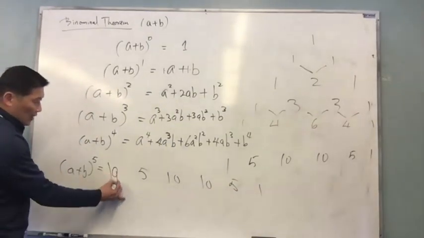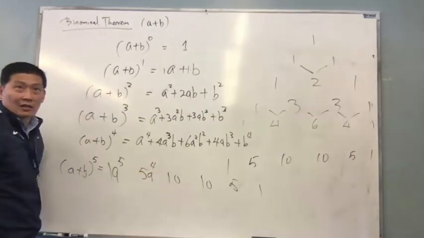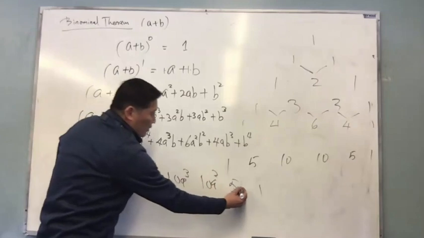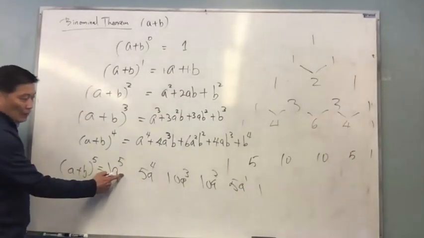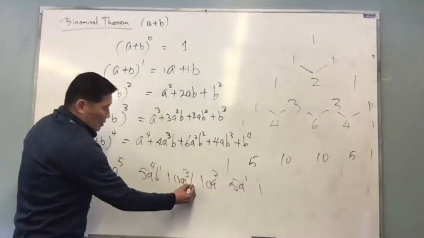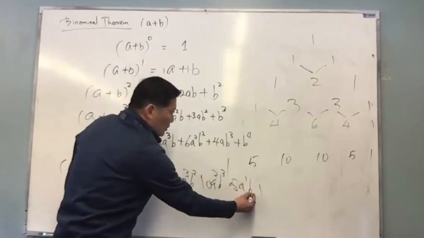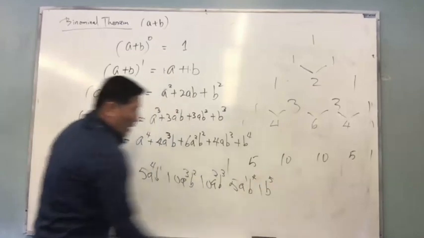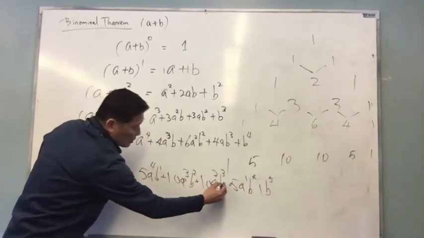And this is a to the 5th power, a to the 4th power, a to the 3rd power, a squared, a to the 1 power, and no a. And I have no b, then b to the 1 power, b squared, b to the 3rd power, b to the 4th power, and b to the 5th power. And I just add in between.